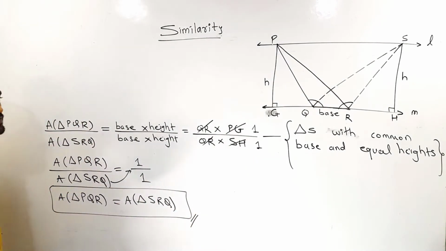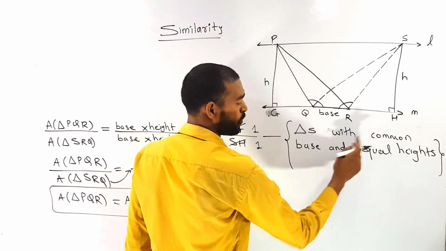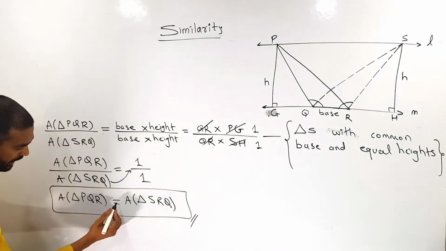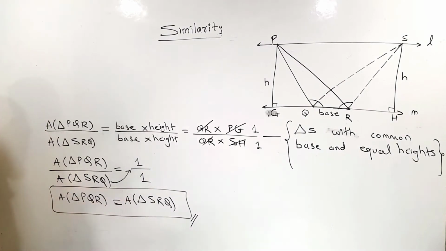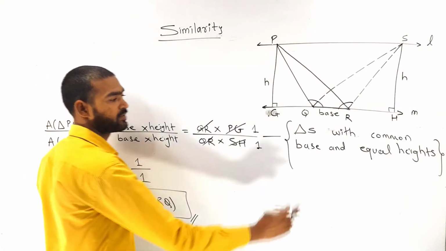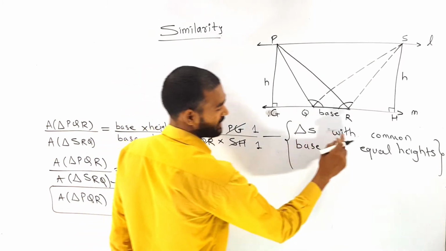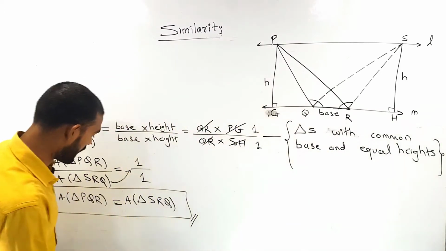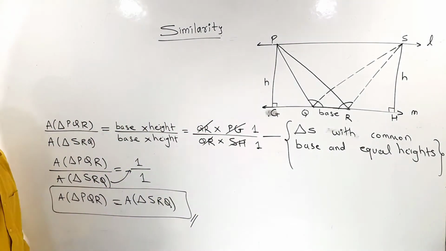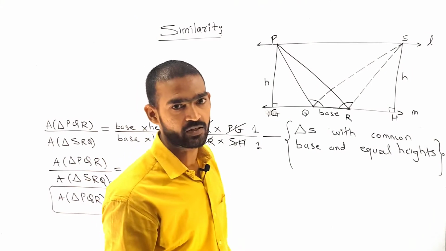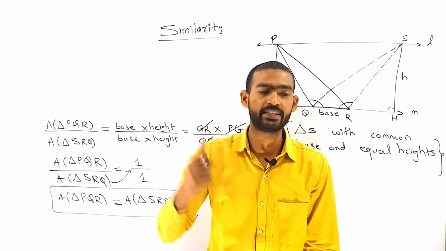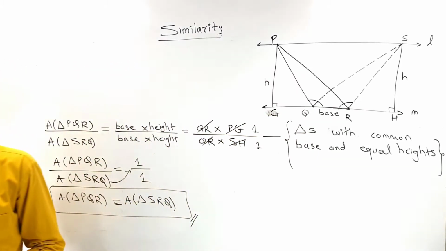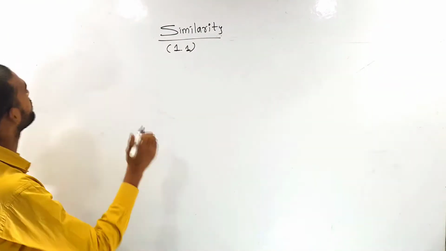The conclusion is triangles with common base and equal heights are equal to each other. Clear, students? The property becomes triangles with common base and equal heights are equal to each other. So this is the fourth property of the similarity chapter. Clear, everyone? Thank you so much. See you.